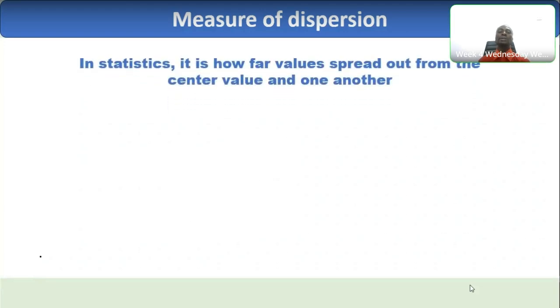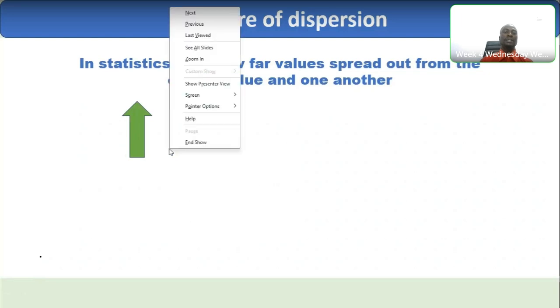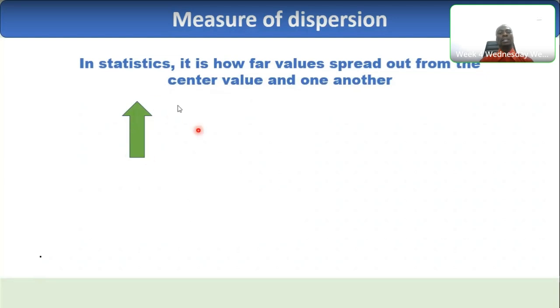In statistics, measure of dispersion is how we measure how far values spread out from the center value and how they spread out from one another. So, for example, this particular value here, let's assume it is the center value. And let's look at how some other values are arranged around it.